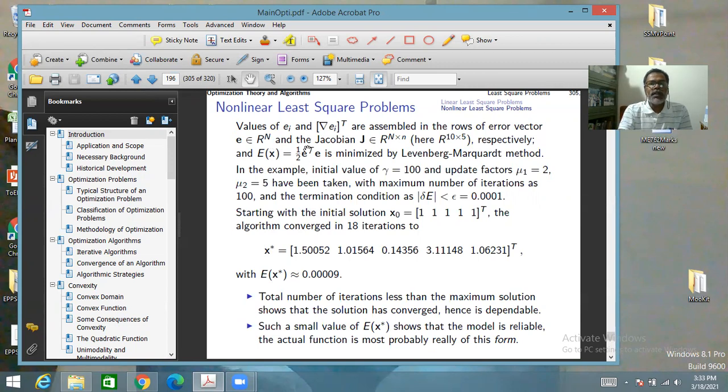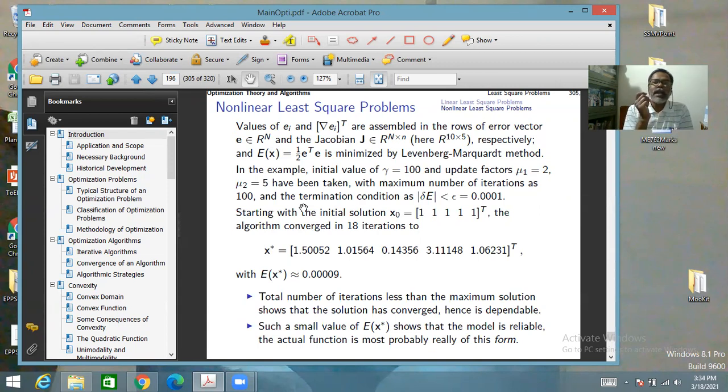So this is now minimized by the Levenberg-Marquardt method, the formulation that we earlier did. In this example, we took the initial value of gamma as 100, even 10 works, and update factors 2 and 5, as I told you, my favorite values.